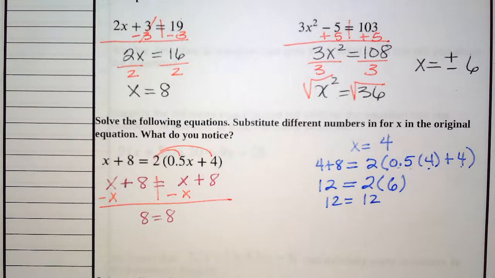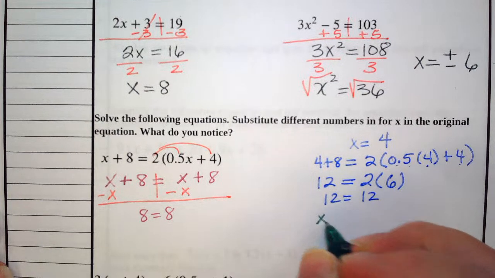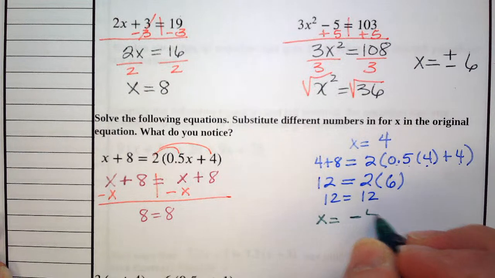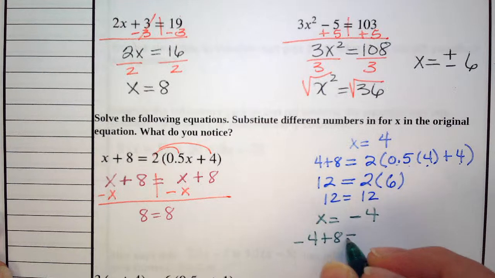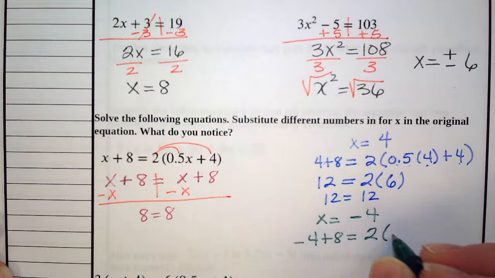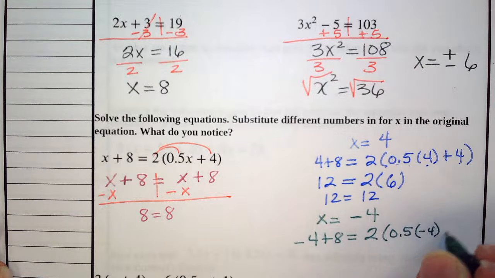Just like 8 is equal to 8, it happens all the time. Let's do one more number. Let's use a negative number. Let's use a negative 4. Negative 4 plus 8 is equal to 2 times 0.5 times negative 4 plus 4.